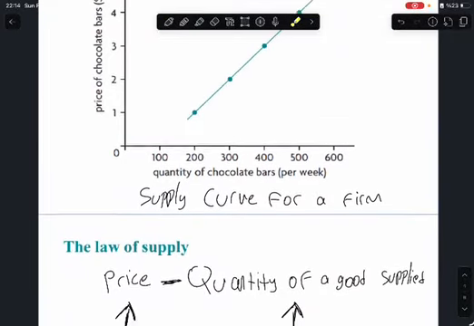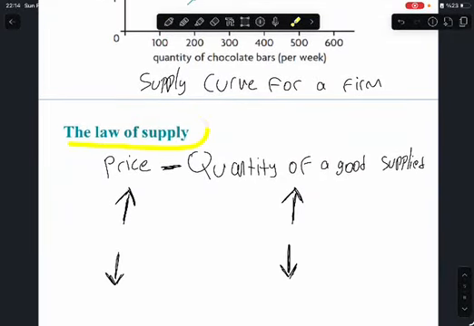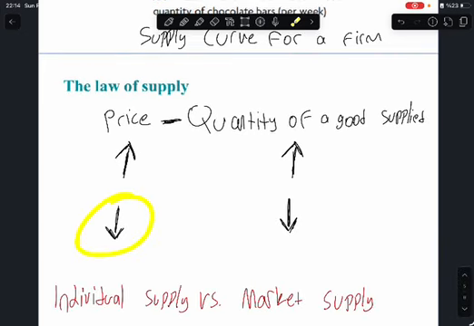So from there we can move on to the law of supply. As a good's price increases, the quantity of the good supplied also increases. So there is a positive relation between them. And again, if the price decreases, the quantity of goods supplied decreases.